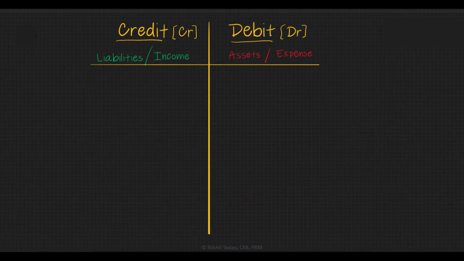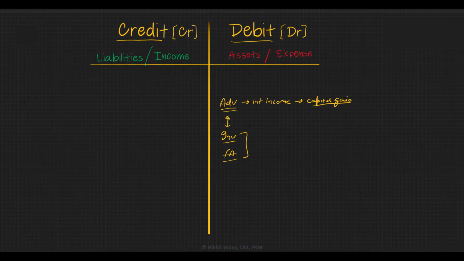Let's compare and contrast advances as an asset vis-a-vis other assets like investments or fixed assets. Unlike these two assets, advances only generate interest income. It's very unlikely it will generate any capital gain.